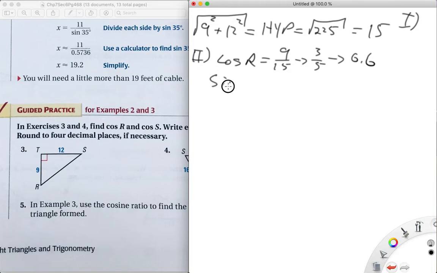And then cosine of S is 12 over 15, which is 4/5, which is 0.8.